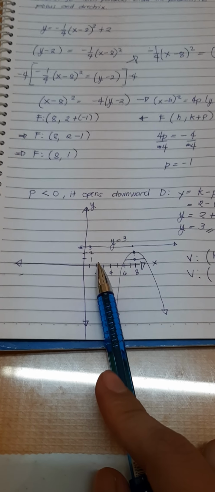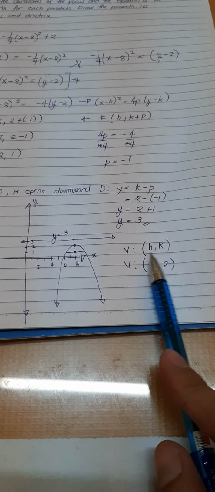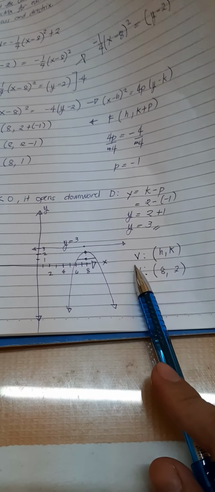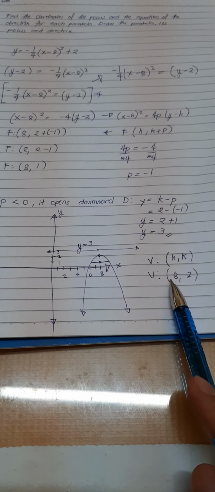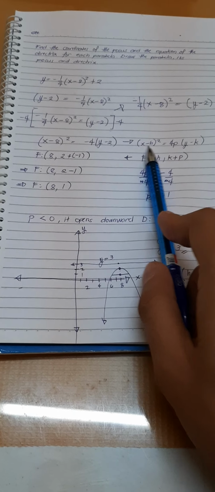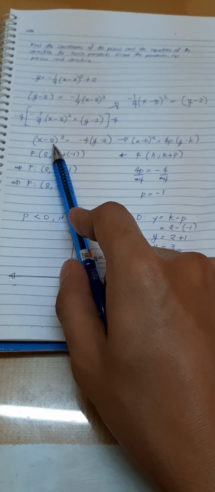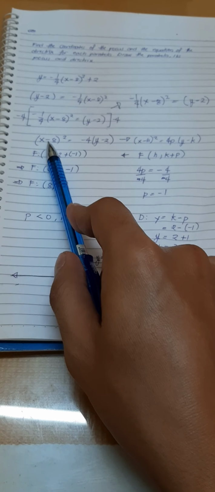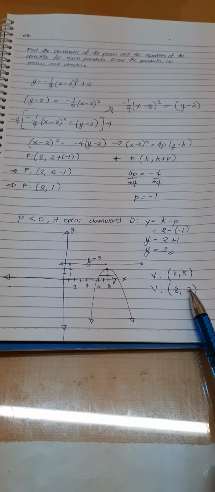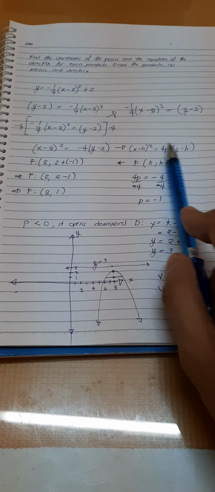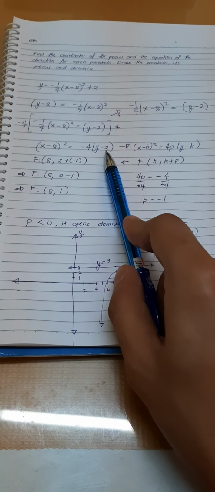And since our vertex is on the point h and k, we will identify first what is the point of the vertex. So h is equal to 8 from here. So h here is positive 8, since negative value or subtraction is constant. And also for k, that is equal to the value of k here. So this is positive 2.